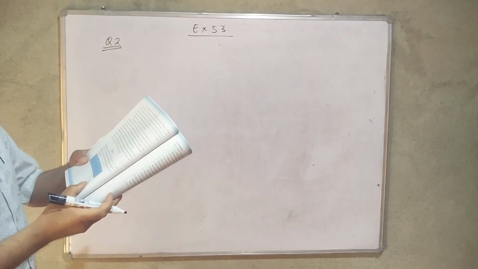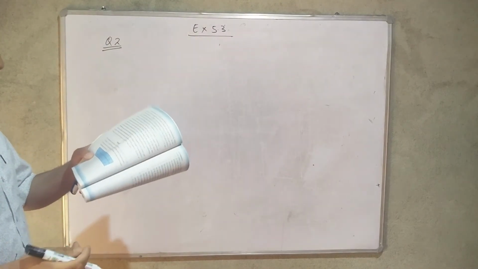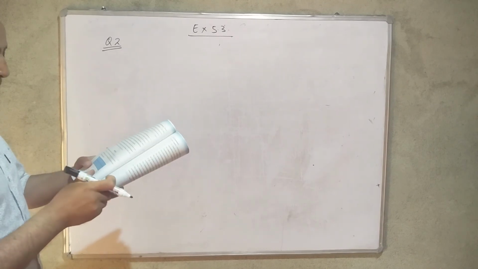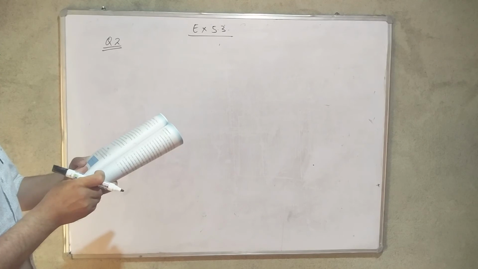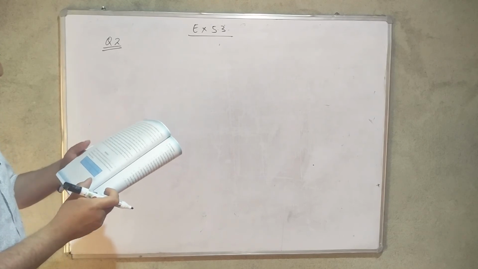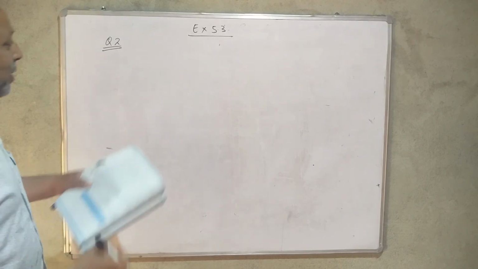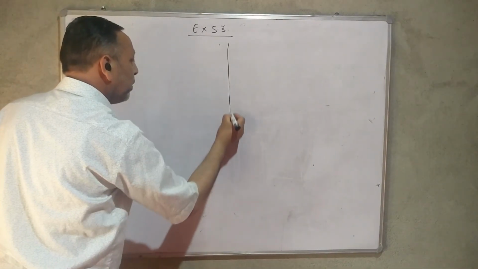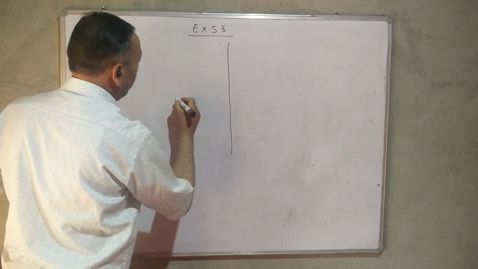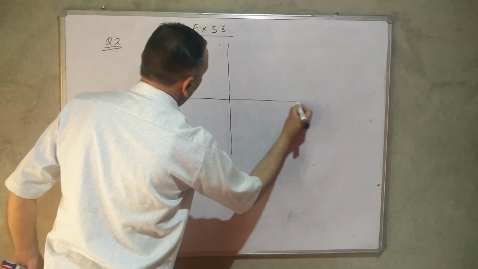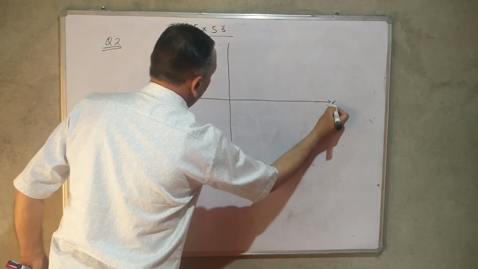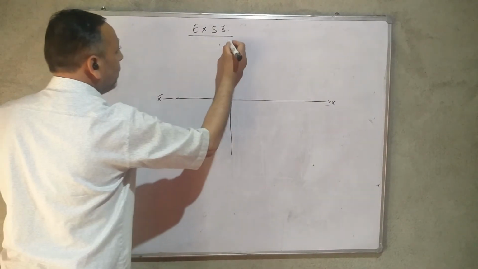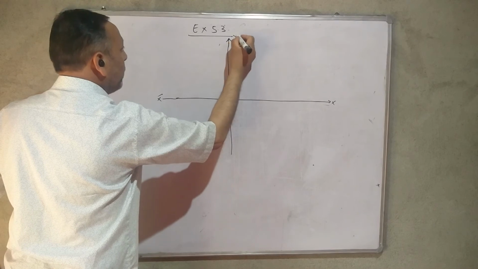Plot the points (x, y) given in the following table on the plane, choosing suitable units of distance on the axes. So let us first make a Cartesian plane. This is the x-axis and this is the y-axis.